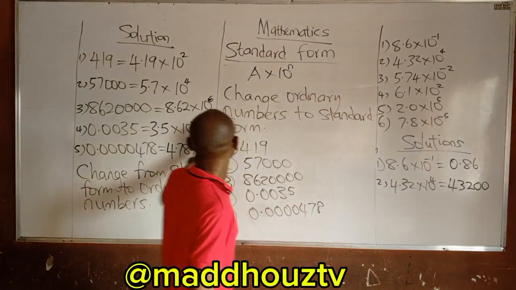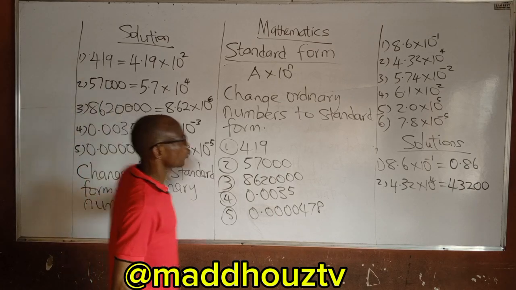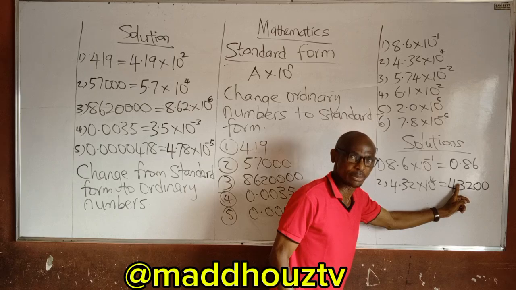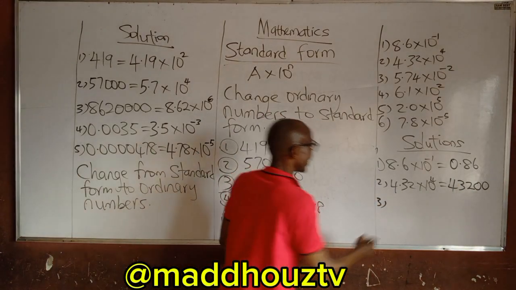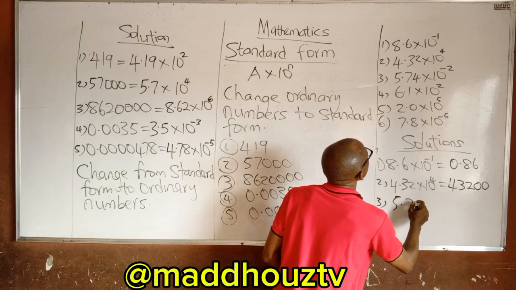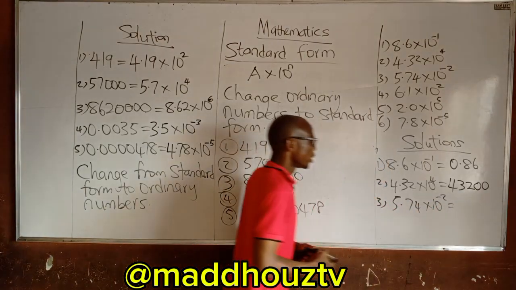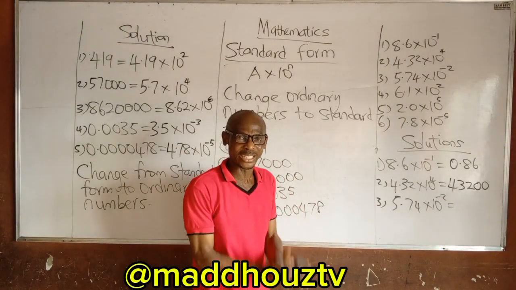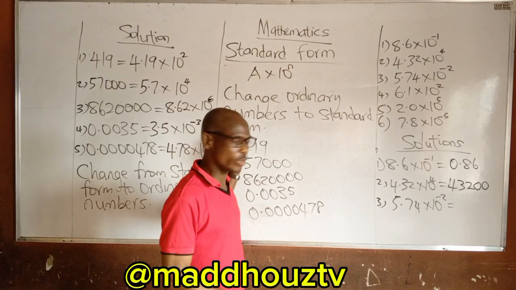So this becomes the value in ordinary form. If we go back to what we have done just now, when we write values from ordinary, you can see this is 1, 2, 3, 4. The decimal comes here. So this is the value. Number 3, let's look at that. 5.74 times 10 raised to power minus 2. So the power here is negative, so we are moving the decimal to the left.